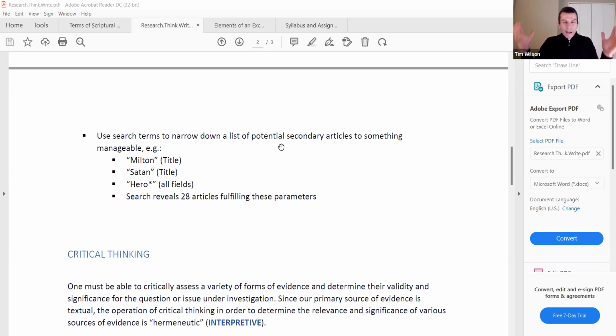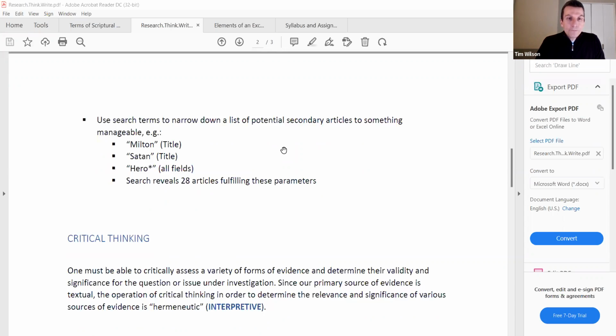That's because there's thousands and thousands of articles on Shakespeare, right? You will not be the first person to write on Shakespeare, so you have to really be able to winnow that down. So get something maybe with Henry V in the title, maybe military leader or something like that, if you're going on that topic. If you just did Henry V and war, like war in all fields, you'd get probably hundreds. So you're going to have to narrow it down a bit.